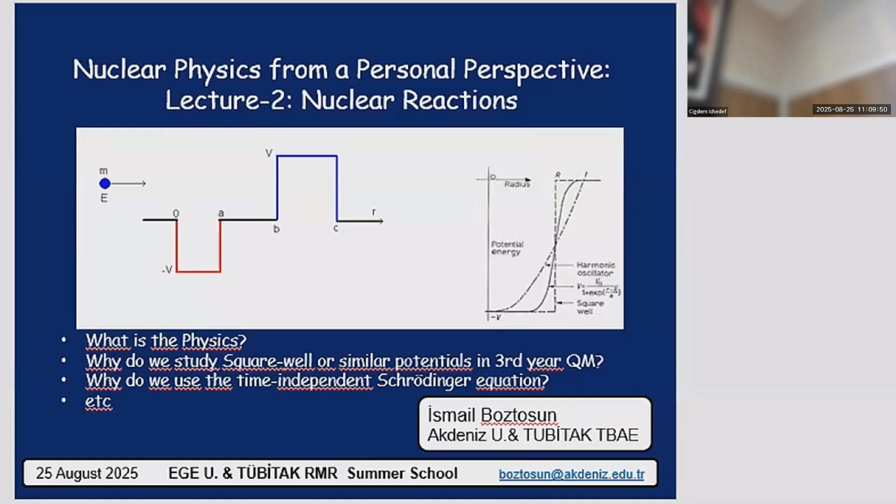This is mostly called equilibrium reactions in theory, but you have this projectile comes to the target, and they combine and create a new nucleus called C, for example, C star. This is the excited state, and it decays into two different nuclei.